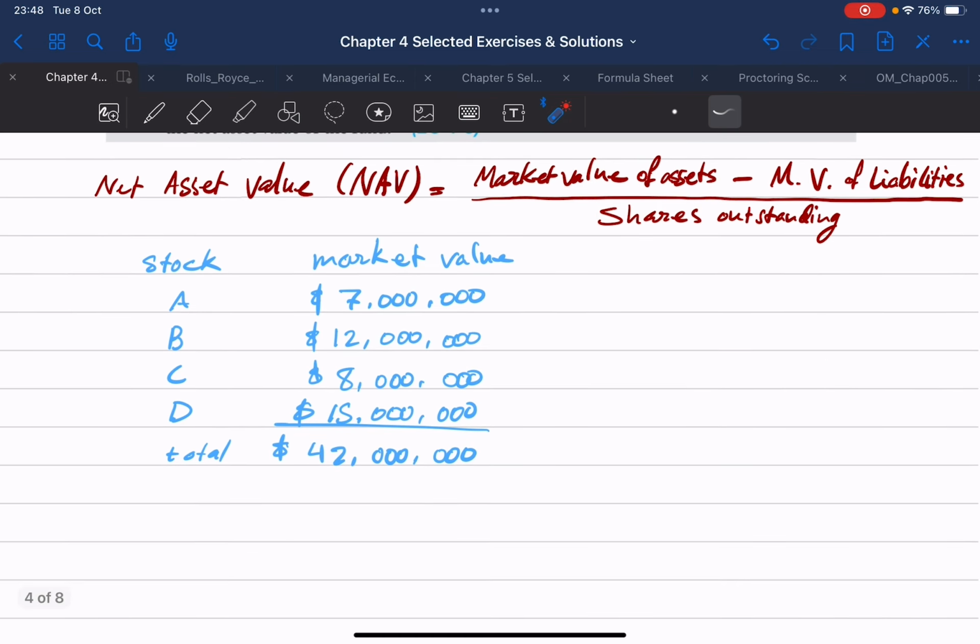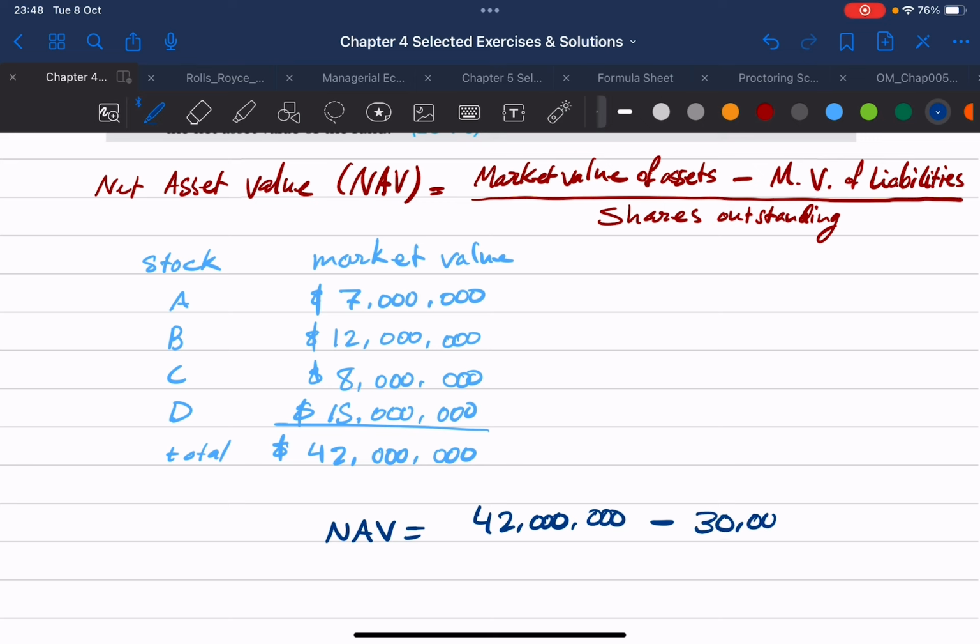Okay? So I'll just say NAV equals 42 million minus $30,000, all divided by 4 million. Go back to our calculator and crunch the numbers. 42 million minus 30,000, that will give us 41,970,000 divided by 4 million.